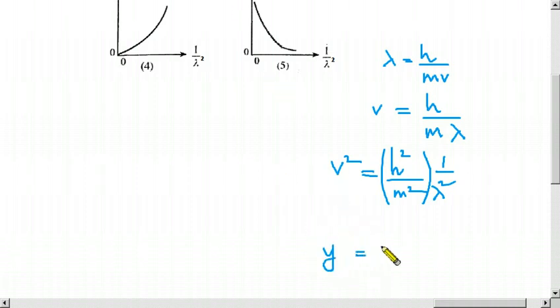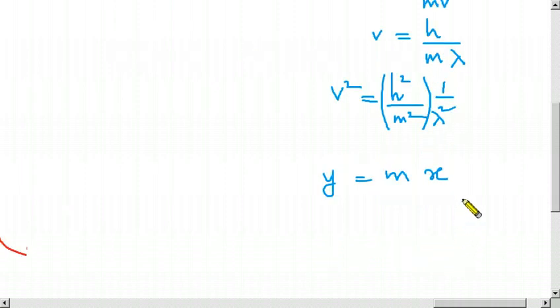So y equals mx form, but here x is 1 over lambda squared.